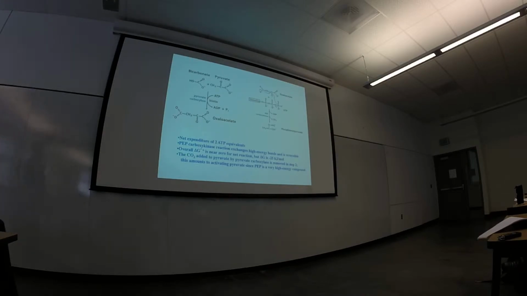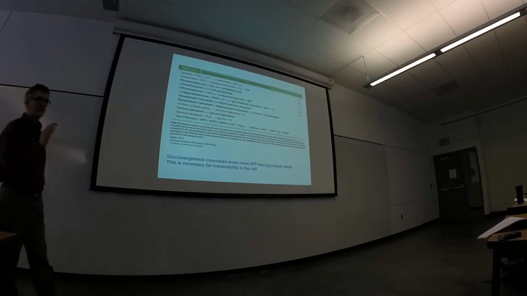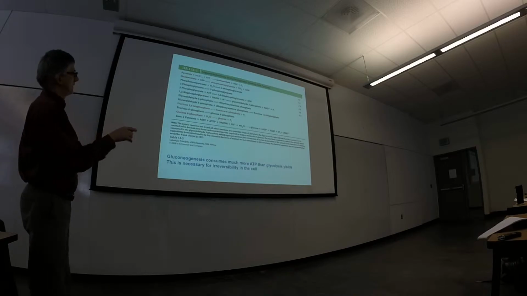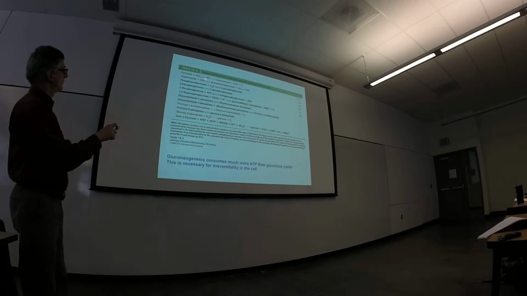Another question? So, here's a summary of these reactions. We're not focusing much on those two mechanisms. But this is gluconeogenesis starting from pyruvate, right? So pyruvate to oxaloacetate times 2, you need ATP.